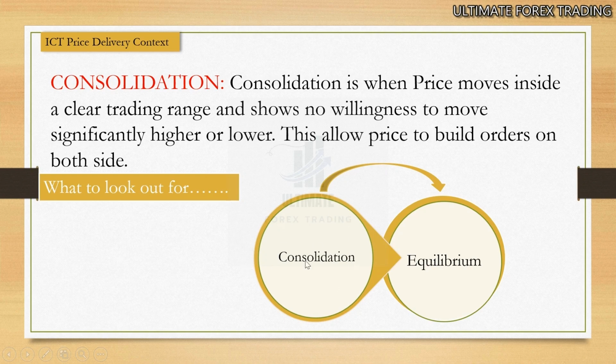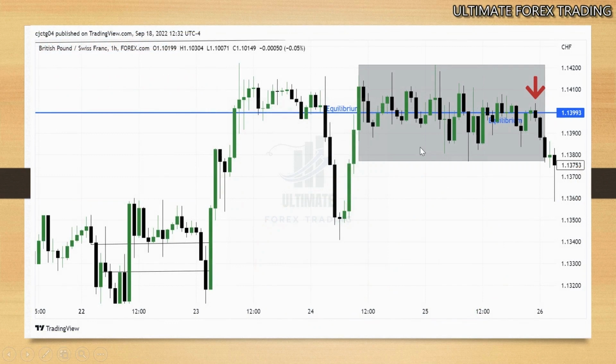When price is consolidating, what you look out for is equilibrium, right? Here we have price that has been consolidating for some time. I've told you how to mark your equilibrium: the high and low of the consolidation, then 50% of the Fibonacci is your equilibrium. So you should take note of the equilibrium of the price range, because that is where the expansion is going to pick up from.